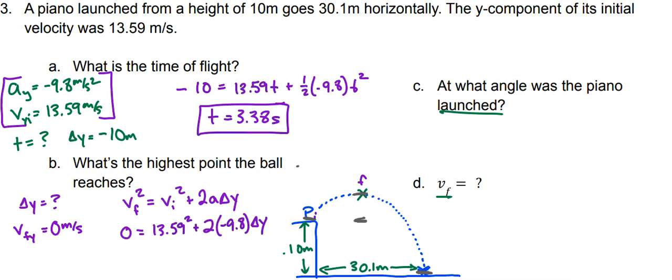We get 9.4 meters. So that's the highest point compared to where it launched. It's going to be 9.4 meters higher than it used to be. But it was already 10 meters off the ground, so I'm going to add 10 and get 19.4 meters.